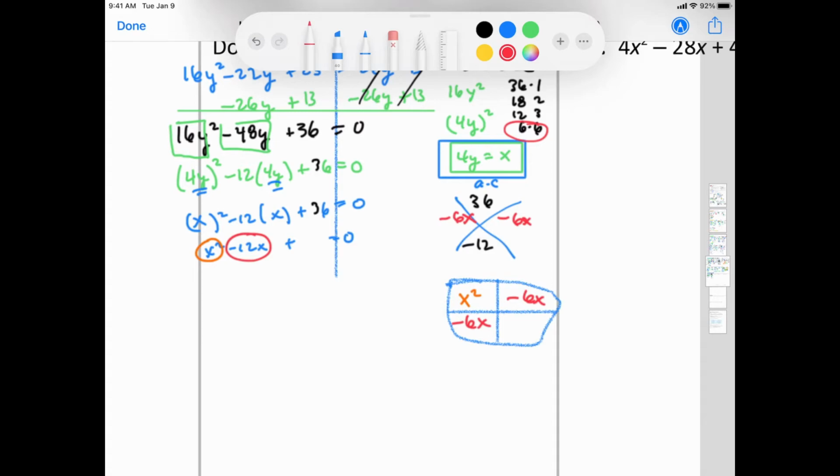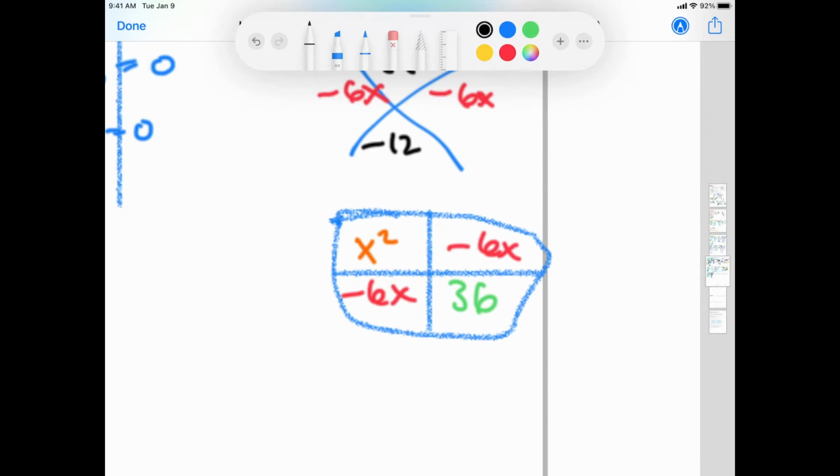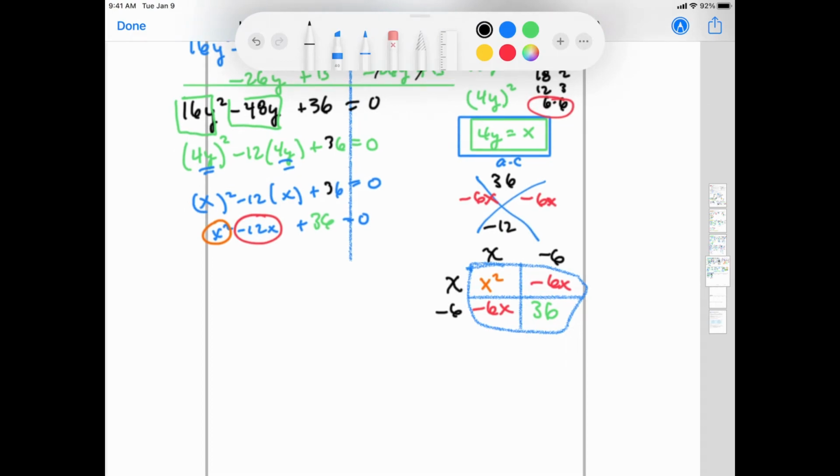And then positive 36 is my C value. Okay, so now I'm just going to take out the greatest common factor of each row. So here I have x minus 6 equals 0.